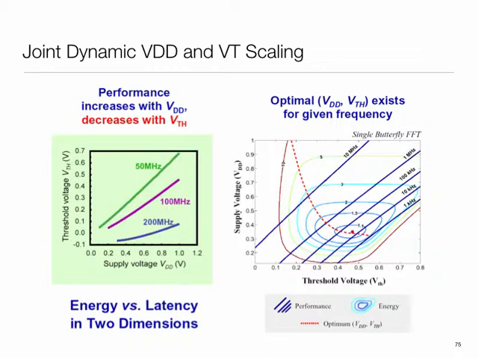Usually we tie the body bias to ground. In these systems, we tie the body bias to another power supply, which we control using software. By manipulating both of these, we can operate on this dotted red line. And as my speed requirements change, I can traverse the equivalent of this dotted red curve for any given system. So it's easily doable.